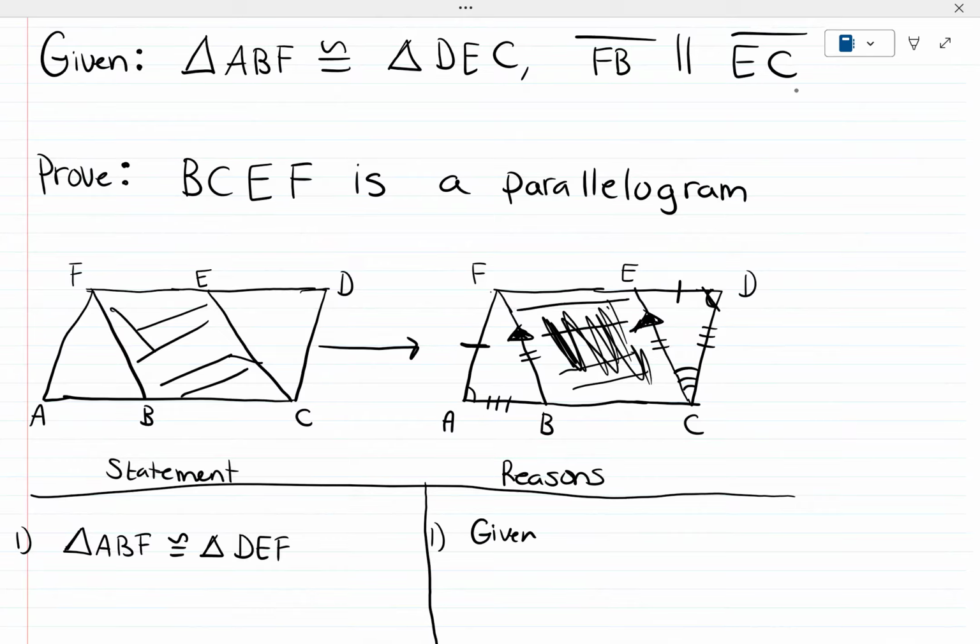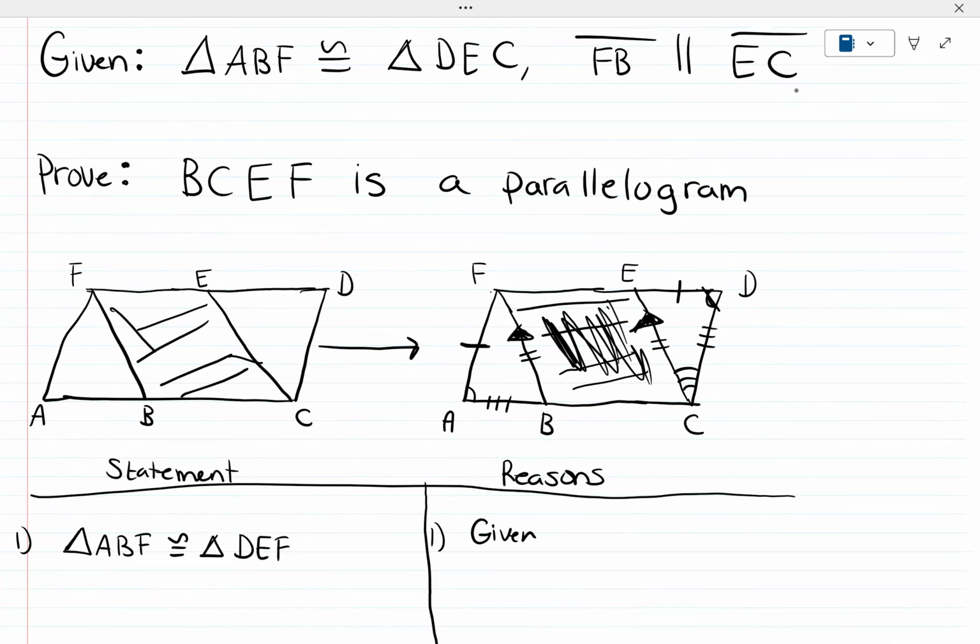Okay. And what would be another statement?